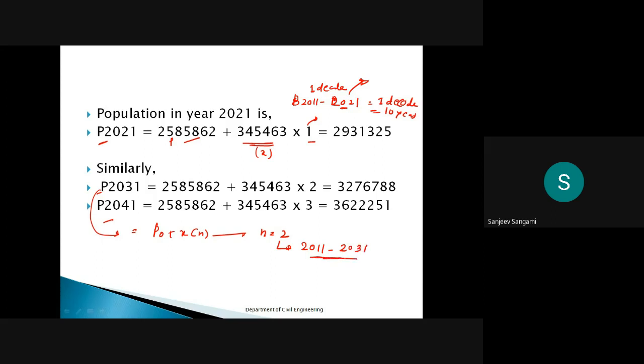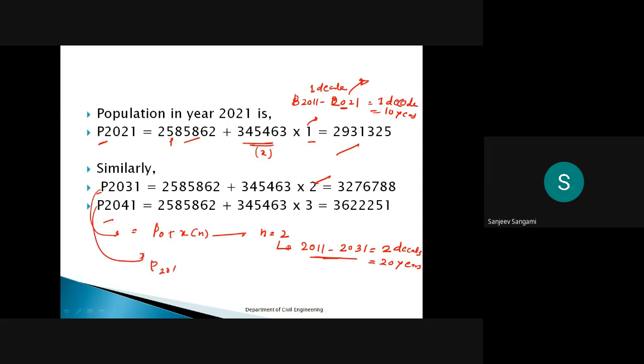The difference of these two will be 2 decades, so we can call it 20 years. That is why I have taken N as 2. So finally I got it at 2021, that is 2,93,1325.